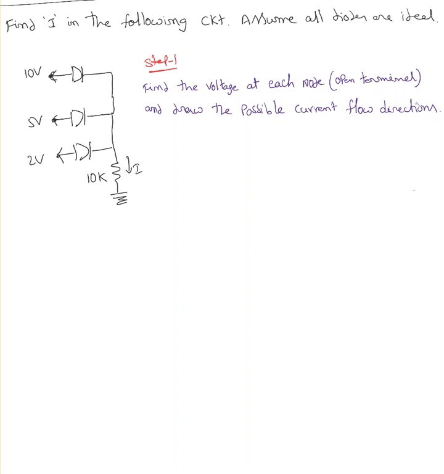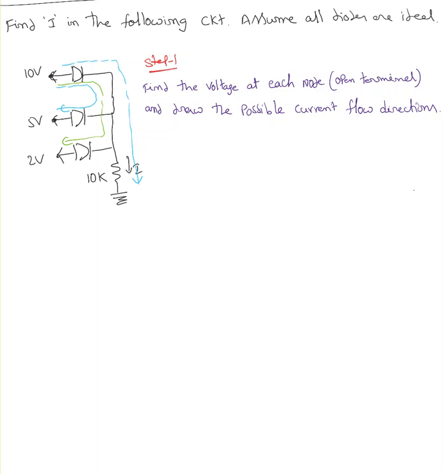So first, draw the possible current flow directions. That's one possibility, and this is another possibility. Current always flows from higher potential to lower potential. And this is another possibility.